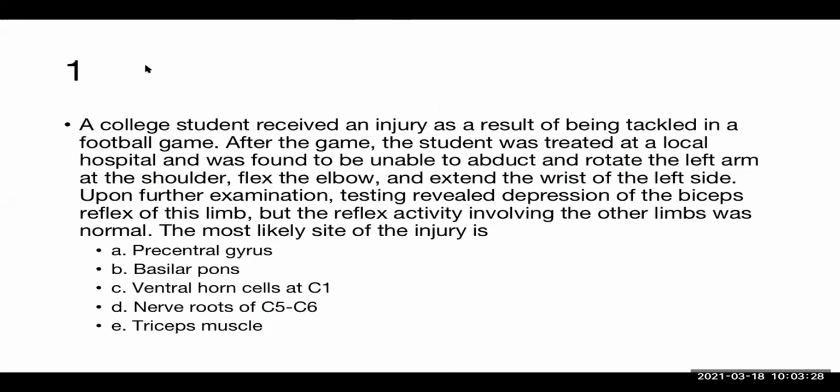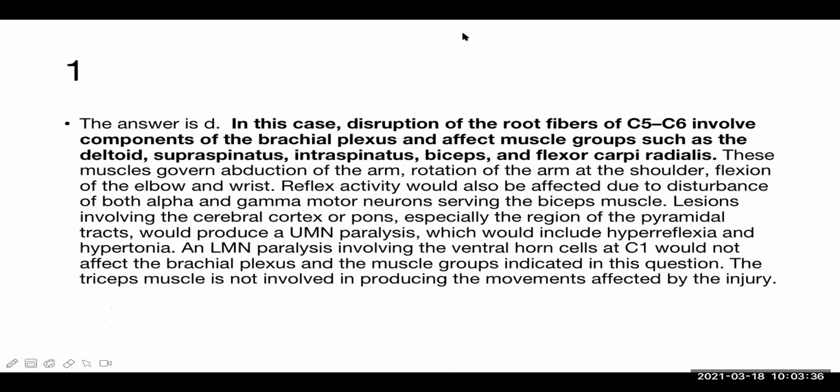This is a neurological case, a little bit difficult for many students, but if you pick one or two clues from here, the answer is very easy. So the answer is D. In this case, disruption of the root fibers of C5 to C6 involves the components of the brachial plexus and affects muscle groups like the deltoid. We have nicely picked that here, the deltoid muscle.